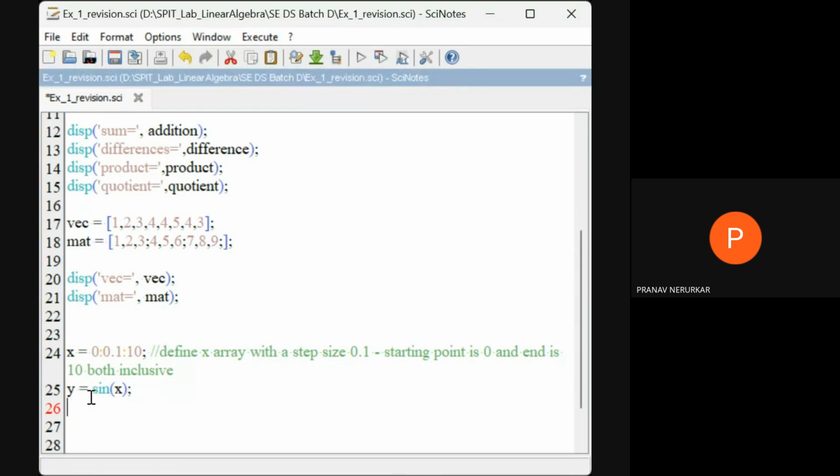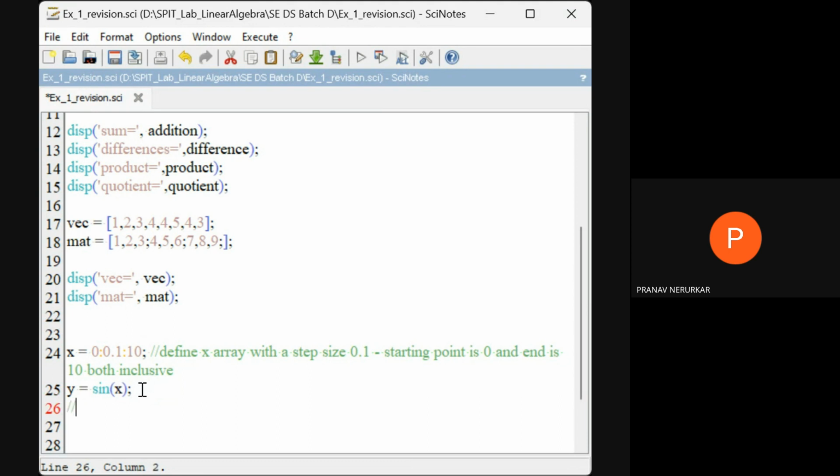Vectorization is in this Scilab, MATLAB. So there is the concept of vectorization. That means loops are not preferred. And so these functions, they work on an array, and all the elements of that array, they will convert to sin or any other function.